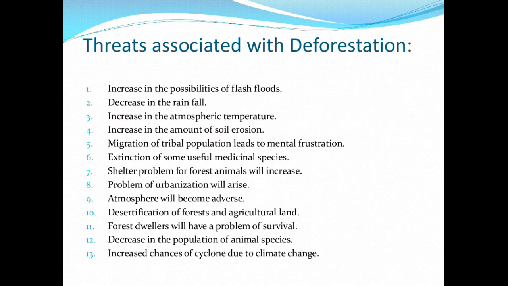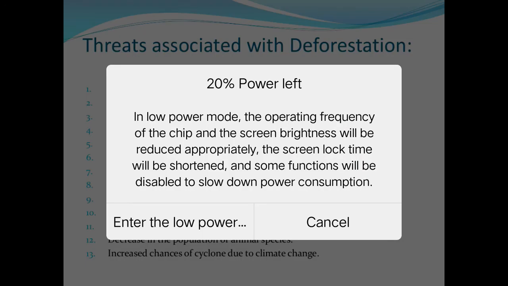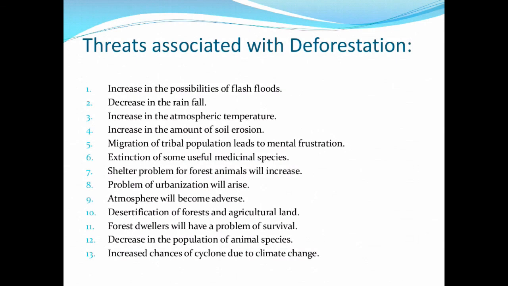If the forests are cut off and there is no forest, there will be no source of income for them, so the tribals will move to the urban areas or rural areas nearby, and then it will lead to mental frustrations. Next, extinction of some useful medicinal species. As I said, we don't get any medicinal plants.